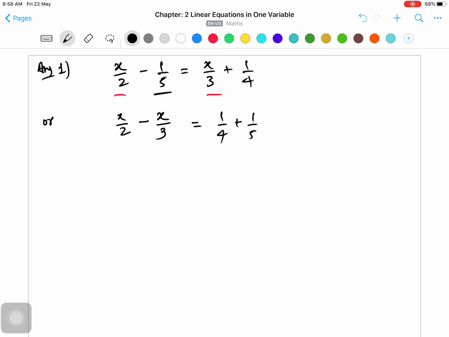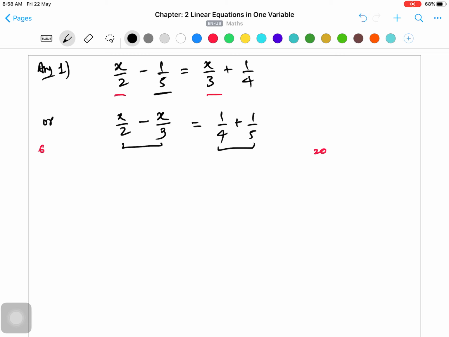The next step is to take the LCM of the denominator terms on both sides. The LCM of 2 and 3 is 6, and the LCM of 4 and 5 is 20. First we write the common base, which is 6.